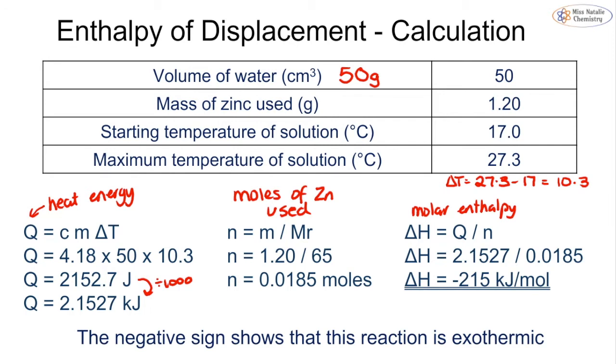And again, we have a negative sign to show that it is exothermic because we have a temperature rise. Notice that I did everything the same in terms of the calculation. The only thing that is changing is my values.